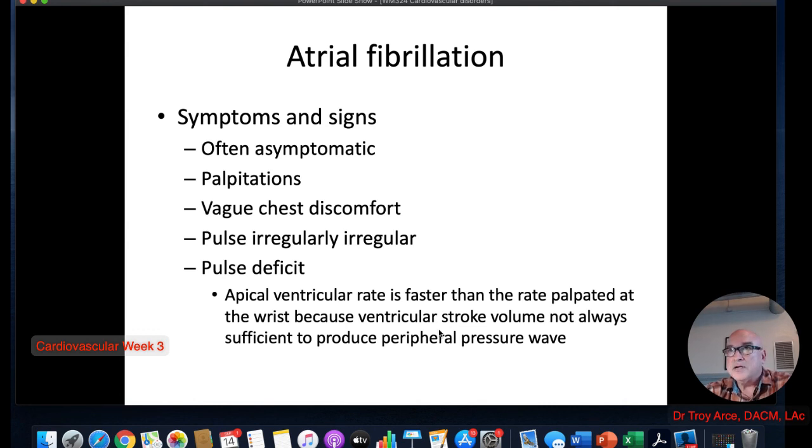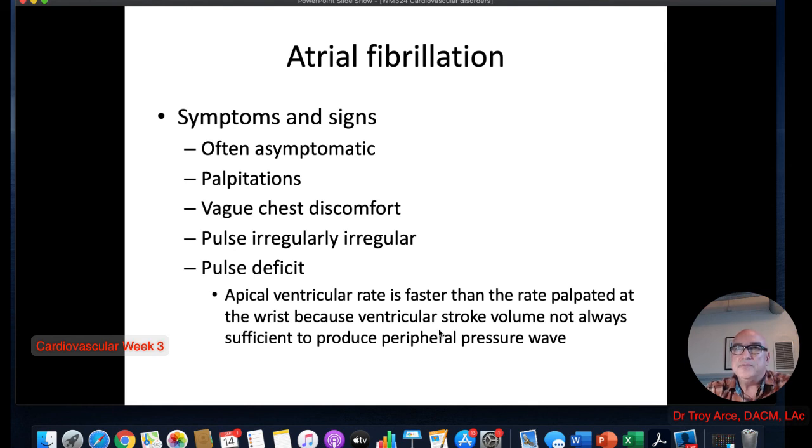How many times has a patient come to see you and you're feeling their pulse and you're like, man, I can hardly feel it? Well, you've got to look out for that. I would take this person's blood pressure and see if there's a red flag. Not necessarily if you can't feel it, but if one day you can feel it and the other day you can't, there's probably something going on.